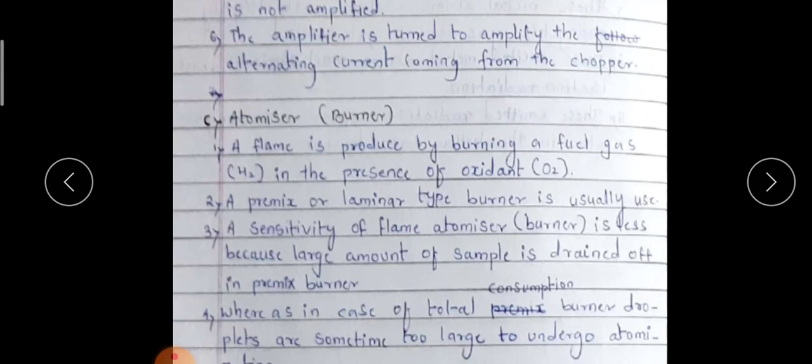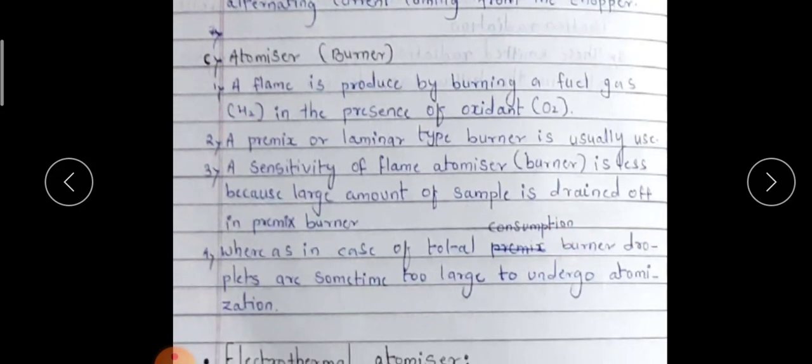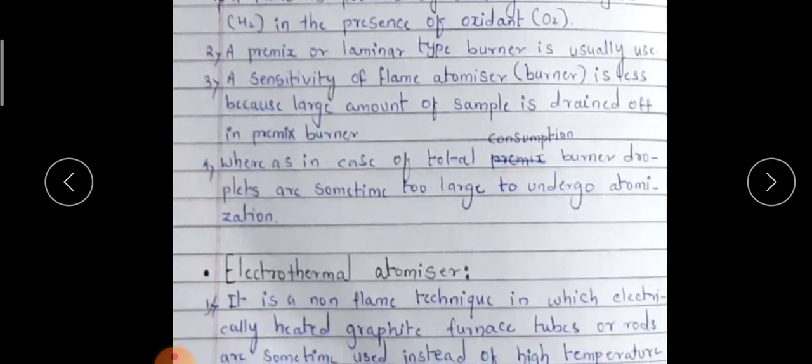A large amount of the sample is drained off in the flame atomizer, in the premix burner, whereas the same thing happened in the total consumption burner. The droplets are sometimes too large to undergo atomization.